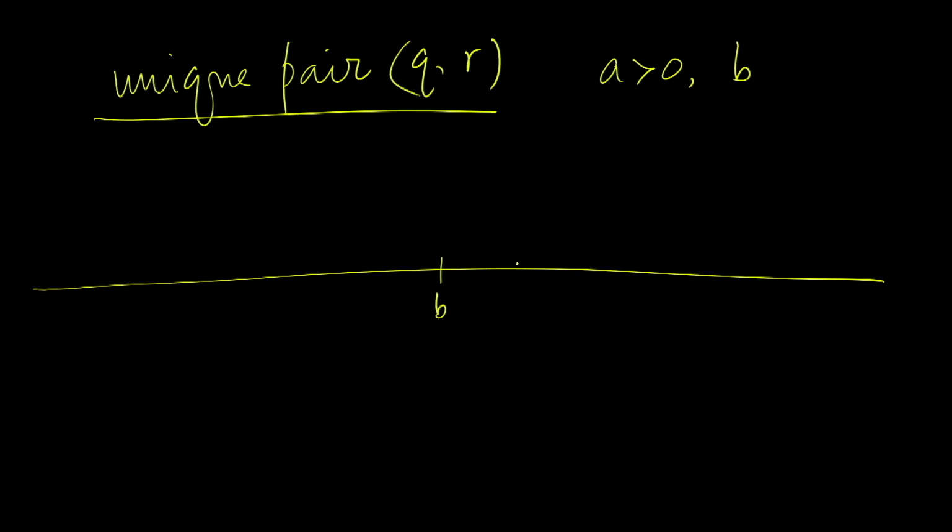From B, let us start marking points that are at distance a. So we get an arithmetic progression. B plus a is the next point, b plus 2a is the one after that, b plus 3a is the one after that, and so on. That is going to the right side. If you go to the left side, we have b minus a, b minus 2a, b minus 3a, and so on.